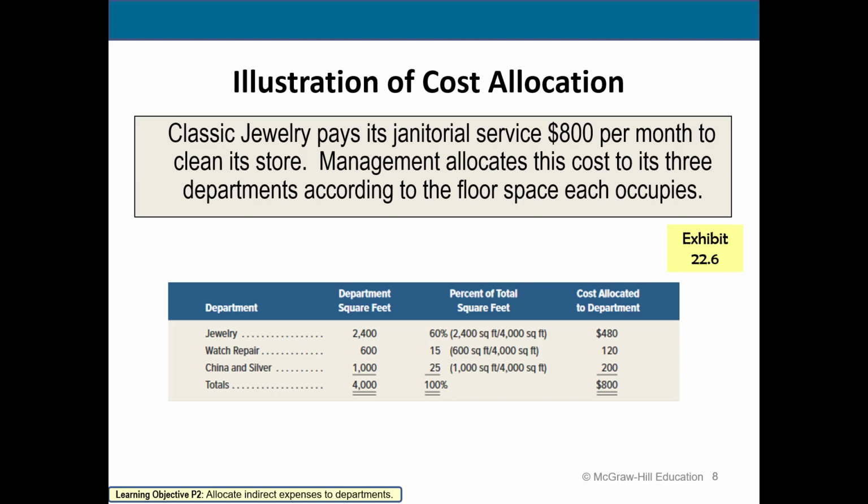The jewelry department occupies 60%, or 2,400 square feet divided by the total of 4,000 square feet. So it's allocated 60% of $800, which comes to $480. And you do this for the remaining two departments. When you're finished, you want to make sure that the total cost you've allocated is $800 for this example.